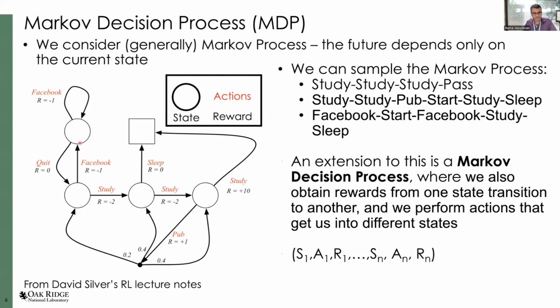Nonetheless, you can do that. And unfortunately, what that does is give you a -1 reward, because it's not actually particularly good for you. And you transition to a state where you continually look at Facebook feeds. Every time you stay in this state and take this particular action, you get a -1 reward.